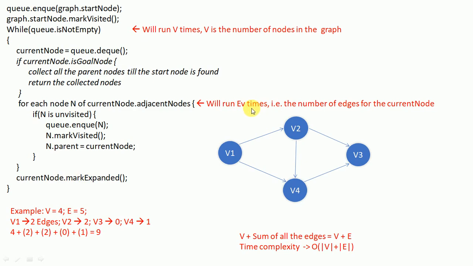So E_v is nothing but the number of edges for the vth vertex. Okay, so in this case, this is the second vertex, and we will have two outgoing edges. So E2 will be 2 in this case. In this case it will again be 2. In this case it will be 1, and in this case it will be 0.